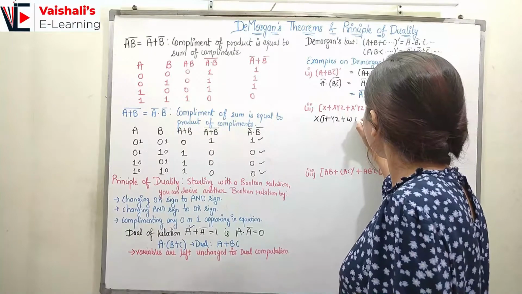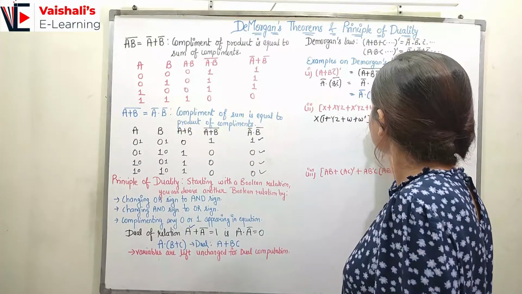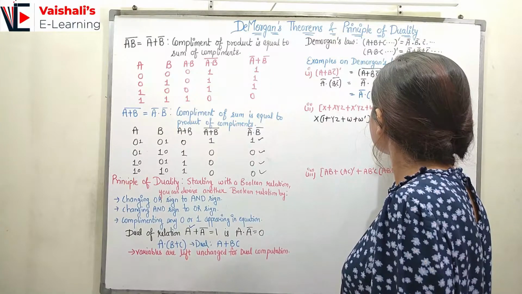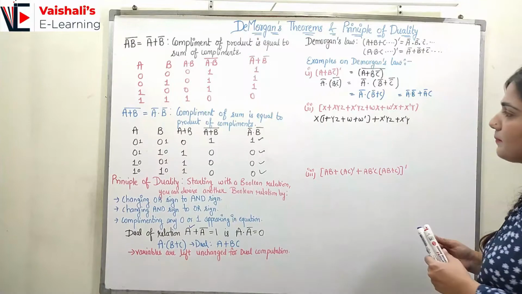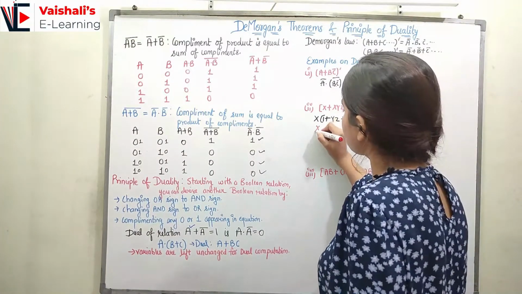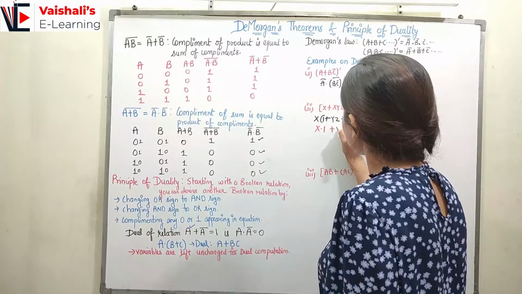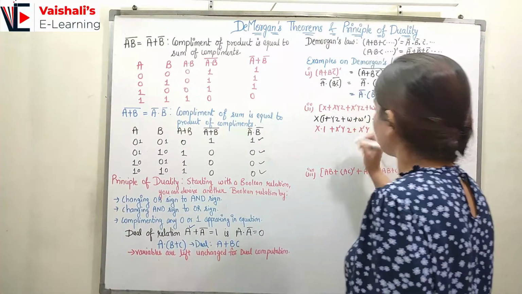So here also I have x plus w dash. Now I am left out with x dash yz plus x dash y. So now 1 plus any variable would be 1 only. So I can represent it as x dot 1 plus x dash yz plus x dash y, right?